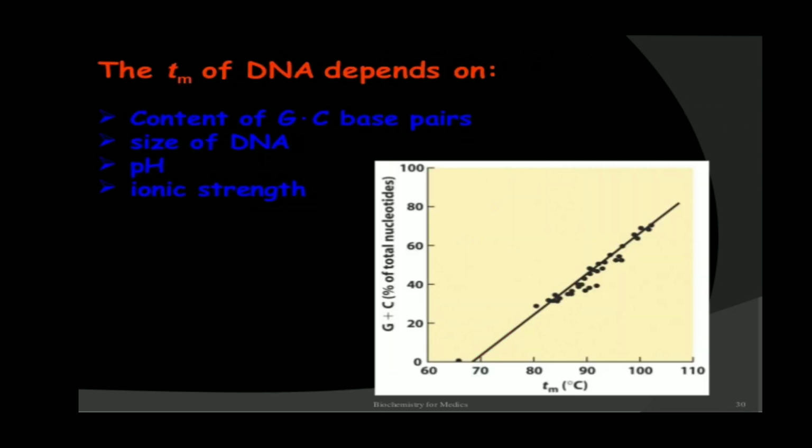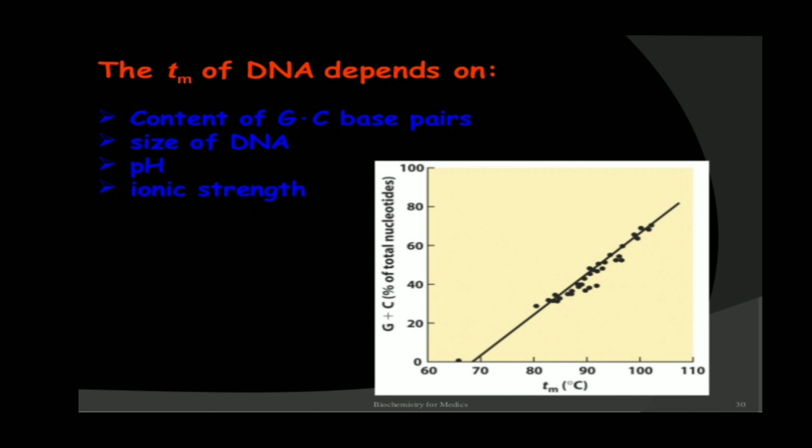The Tm, the melting point of DNA, depends on the content of guanosine and cytosine base pairs. If the number of guanosine and cytosine base pairs increases, then the melting point of the DNA also increases.